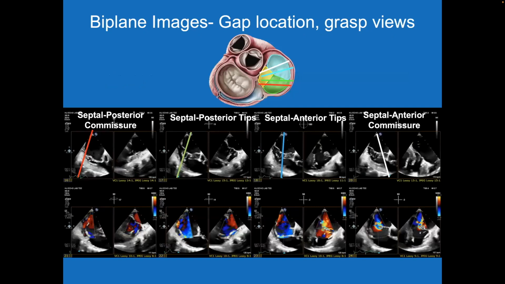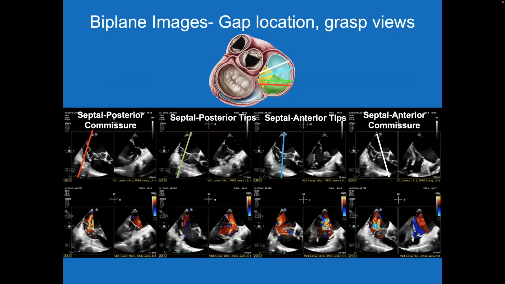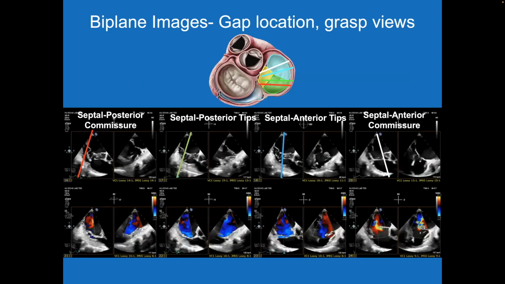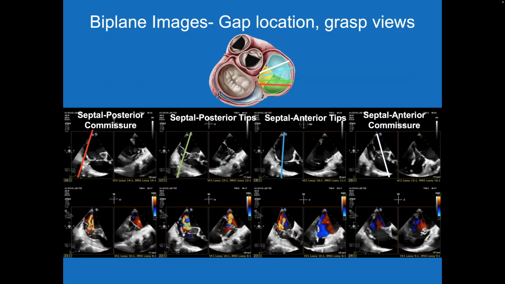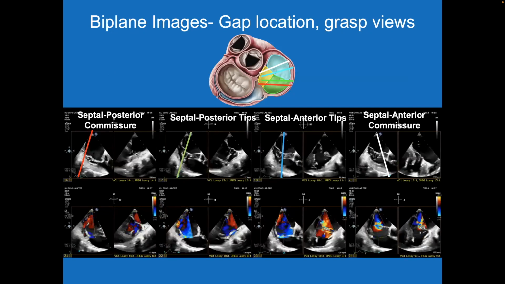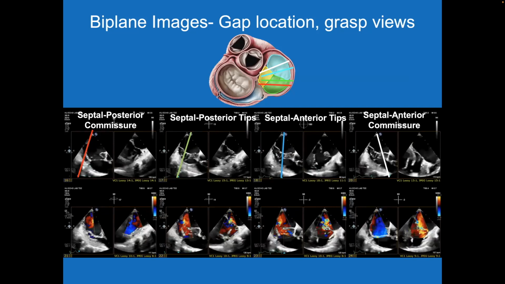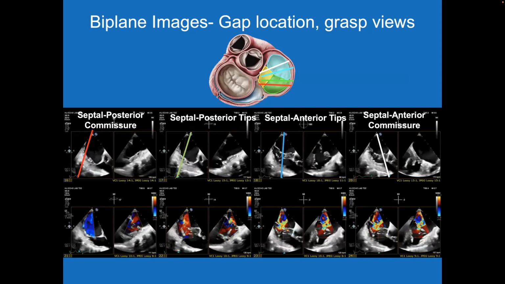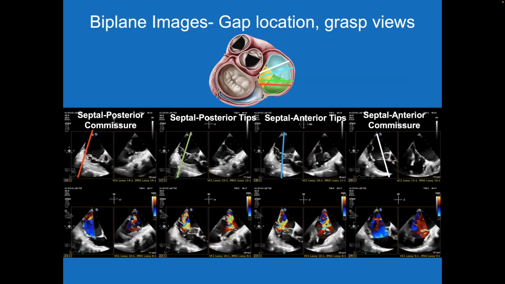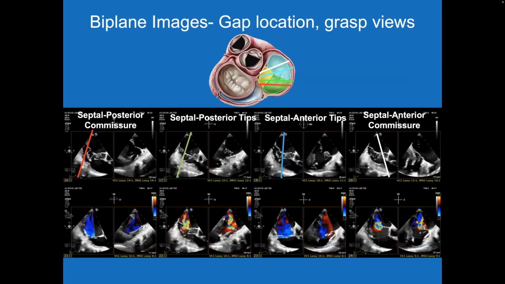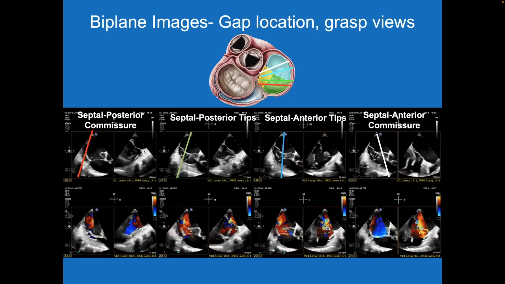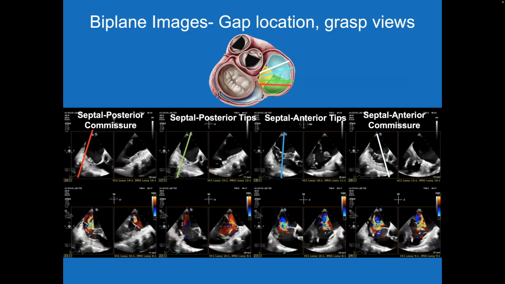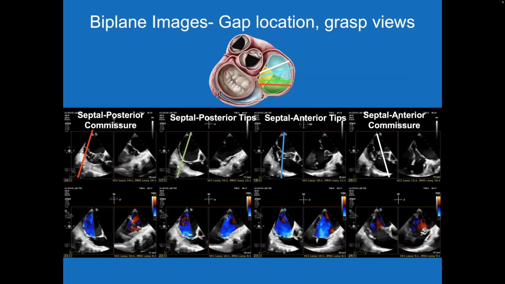So just to drive this home, because this is what you're trying to prove before you go to the room, we are trying to look for being able to see each portion of this different set of leaflets. So you're sequentially going across the leaflets, with the septal posterior commissure to the far left, and then you bring the septal posterior to the leaflet tips, which you can see.